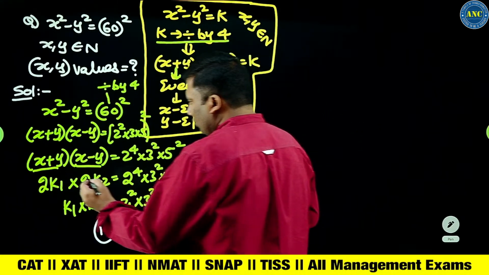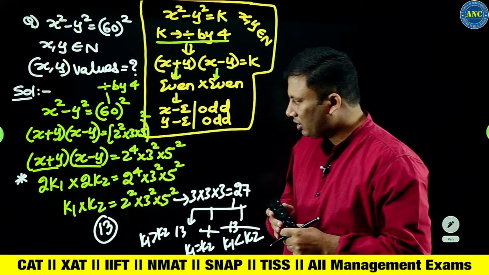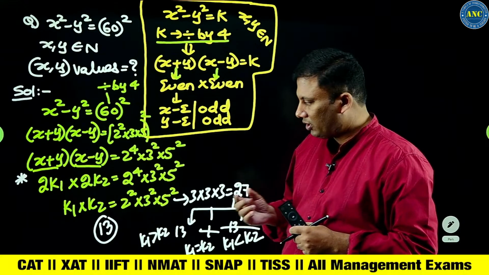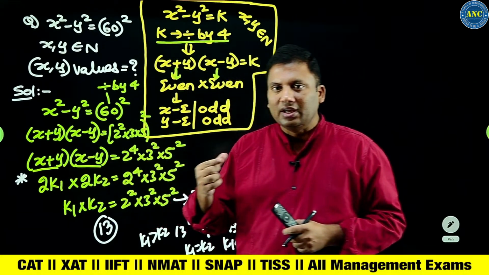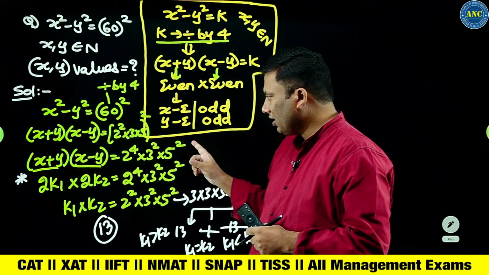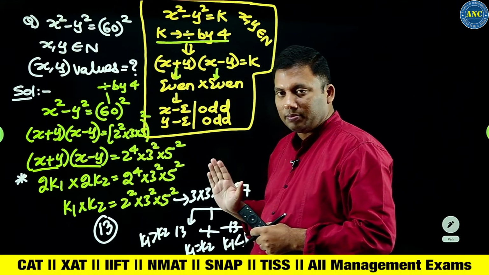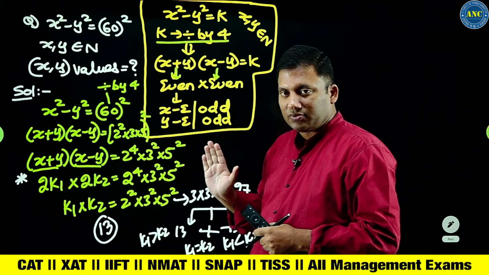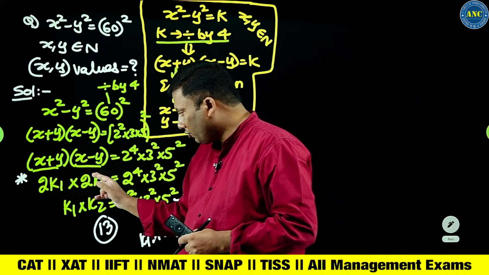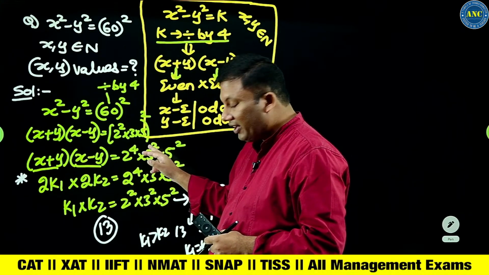Only this step is important: x plus y is 2k1, x minus y is 2k2. Sir, why did you substitute? Because if the right hand side is divisible by 4, the left hand side should have x plus y even and x minus y even. 2 into 2 is 4, 4 is 2 square, so this entire value is divided by 4.